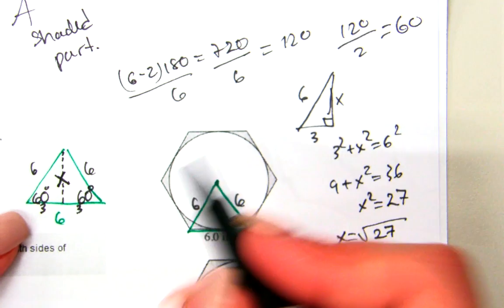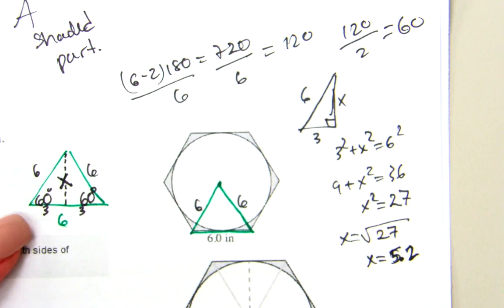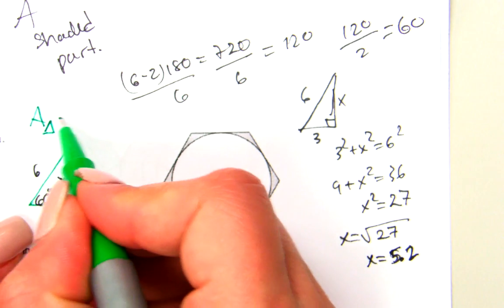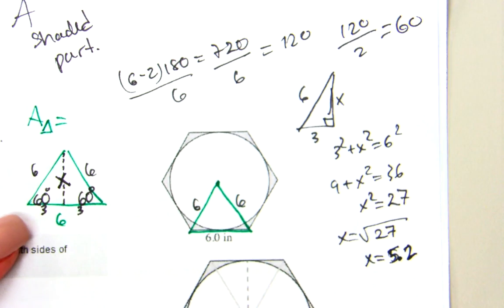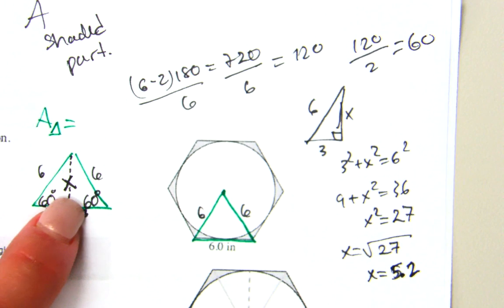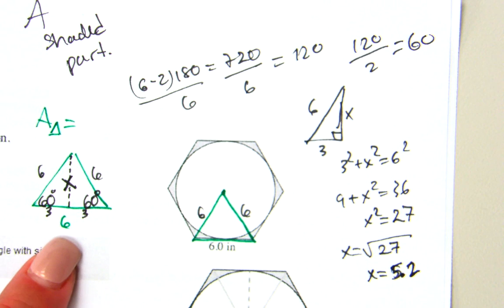Now the area of your green triangle should be base times height divided by 2. So 5.2 is your height times your base, which is 6, divided by 2.